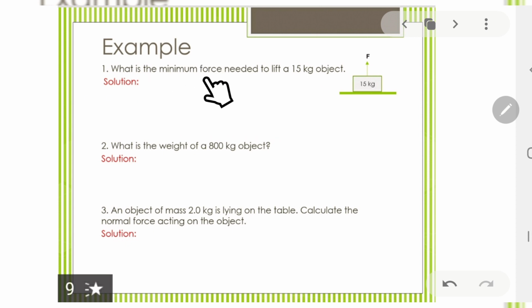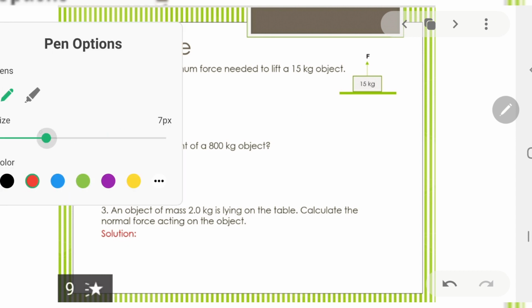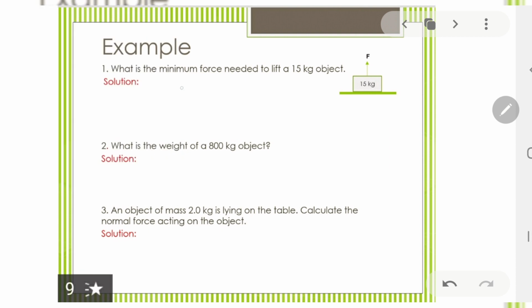Example 1. What is the minimum force needed to lift a 15 kg object? So, we want to lift this box object which has a mass of 15 kg. For this question, we will use formula number 1, which is F equal to mg.